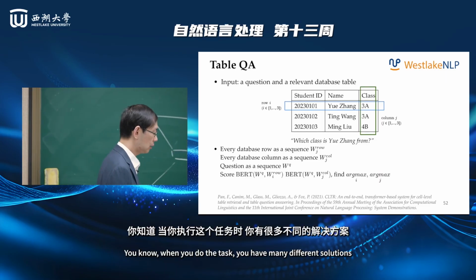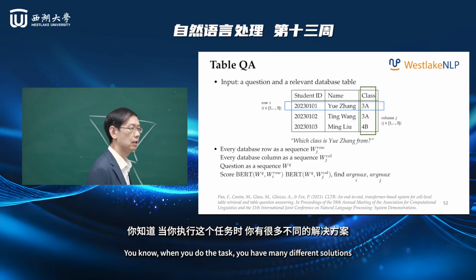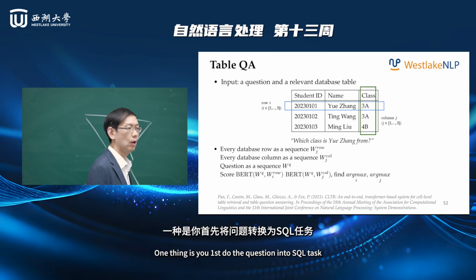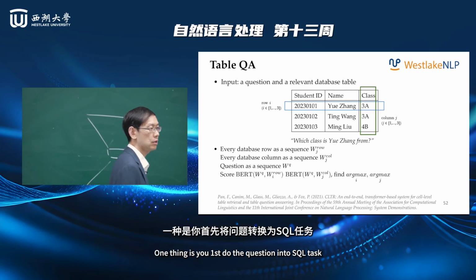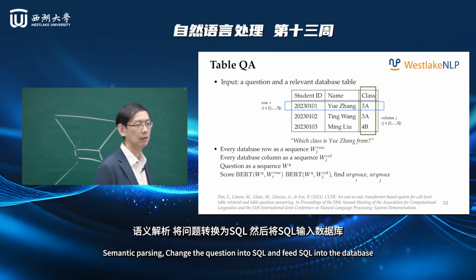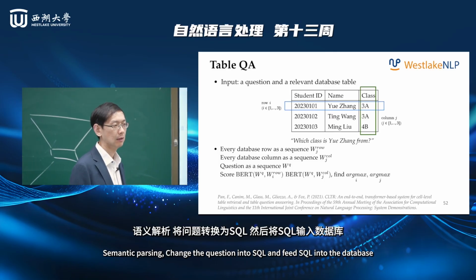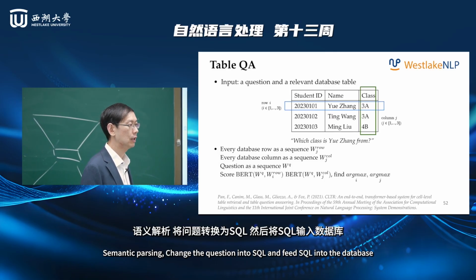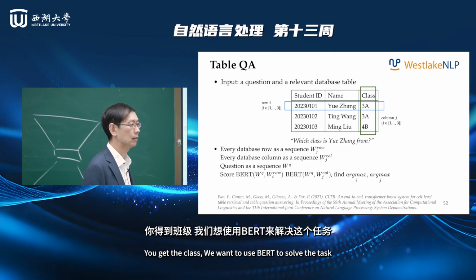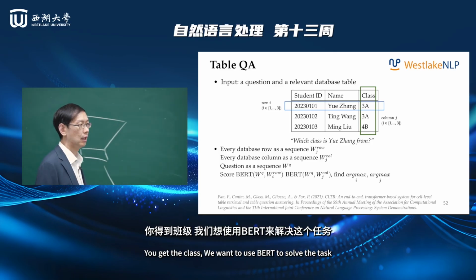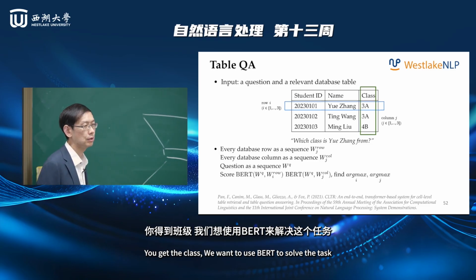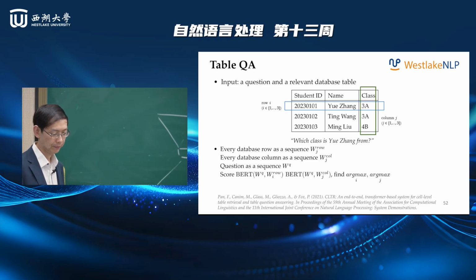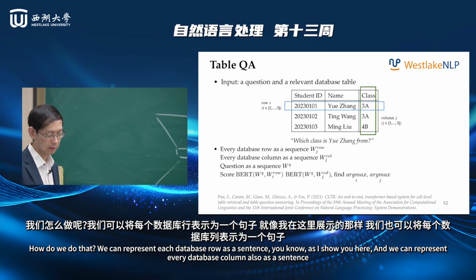When you do the task, you have many different solutions. One thing is you first do the question to SQL task, right? Semantic parsing. So change the question into SQL and feed the SQL into the database, you get the class. But here, we want to use BERT to solve the task. How do we do that?